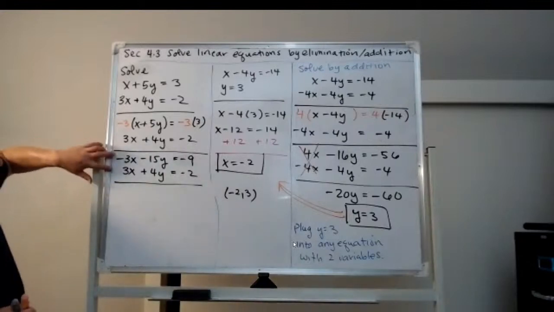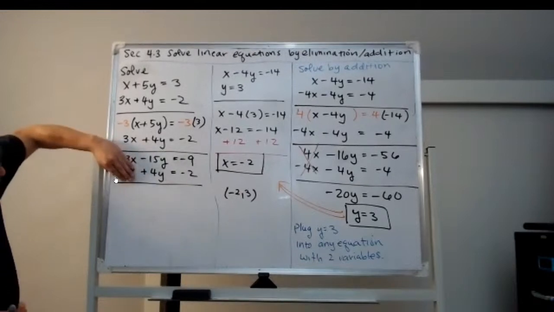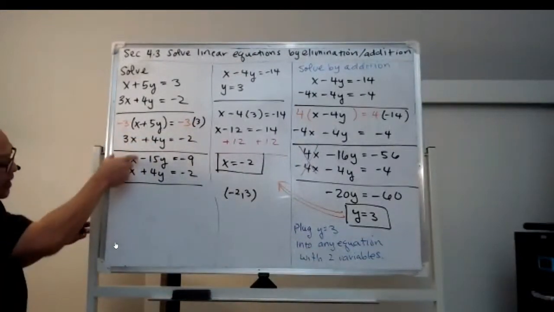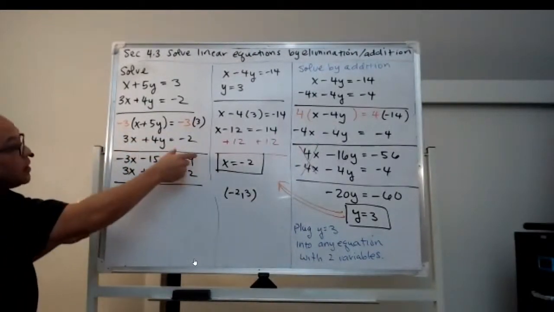So what I wanted to happen is I wanted this to be a negative, I wanted this to be a positive, and when I add them together, they cancel each other out. So go ahead and add up the rows. So add that row, and add that row.